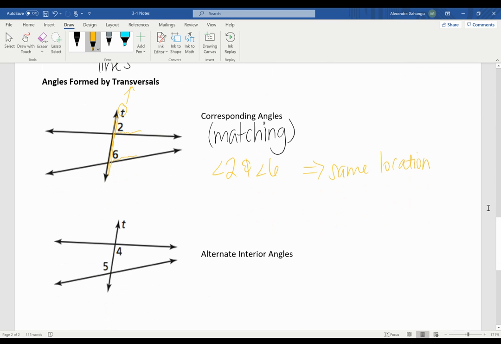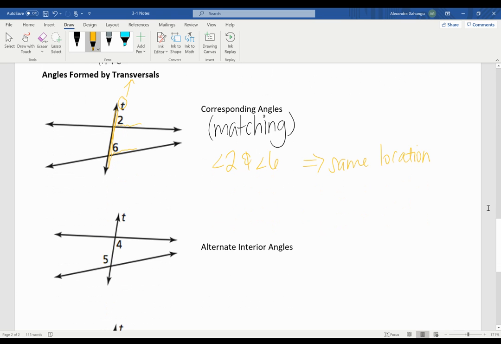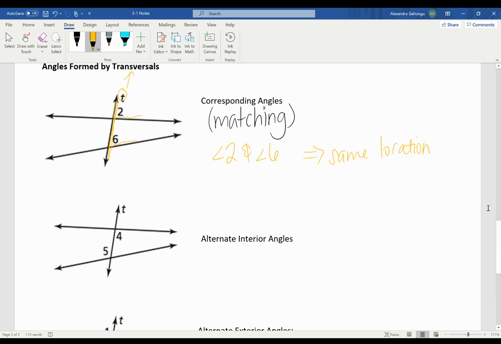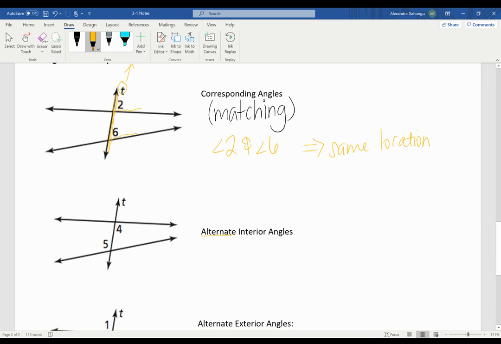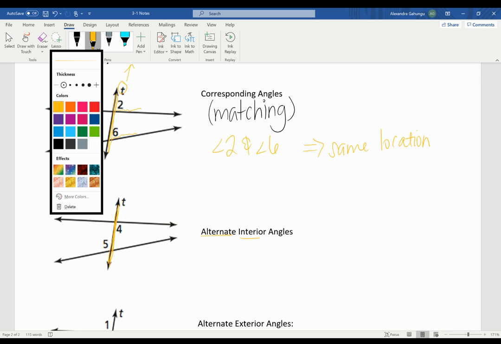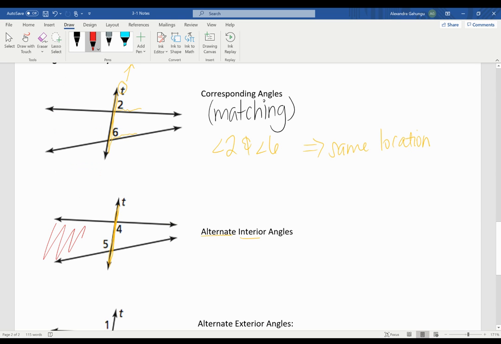Then we have our alternate interior. Our alternate interior angles come from the word alternate that we're looking at. If I look at the transversal, I notice that they are on opposite sides of my transversal. So 4 and 5 are on opposite sides. And then I also notice that they are in the interior. This is known as the interior of our lines.